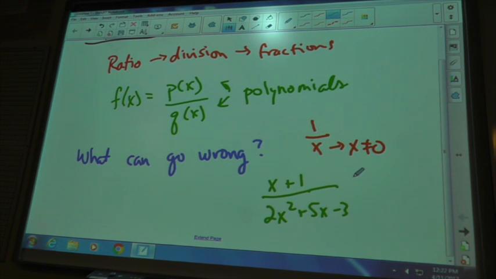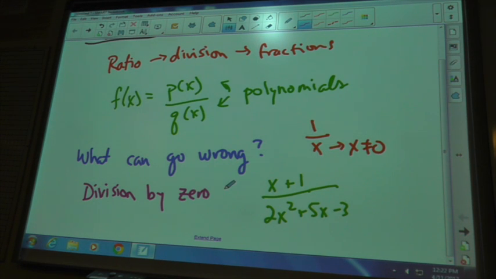What could go wrong? You guys see a general pattern here? Division by 0. What could go wrong here? When you're dividing by 0.